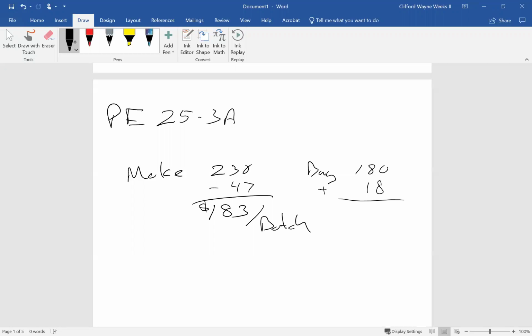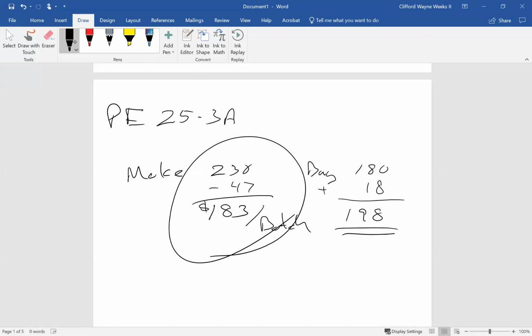We have to pay $18 per batch, or per unit, for delivery, and so this really comes out to be $198. So which one should you do? That one, of course. And so, like I said, you don't have to necessarily go and fill out that full differential analysis format. A lot of this you can do easily with calculations.